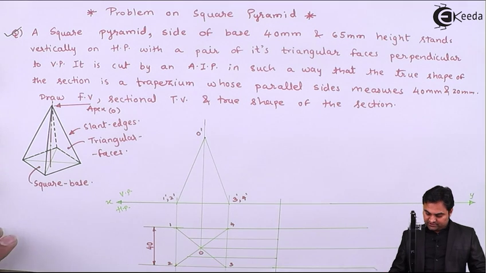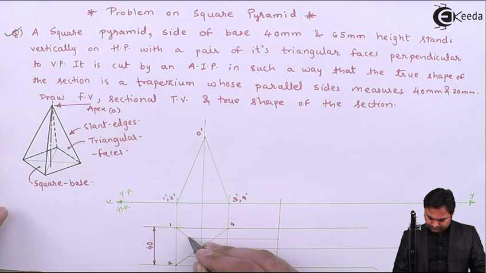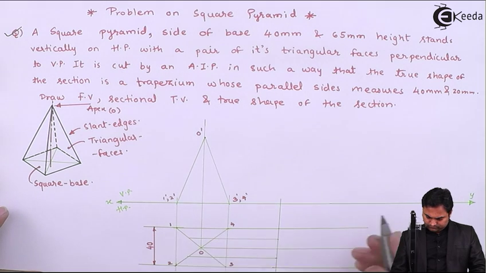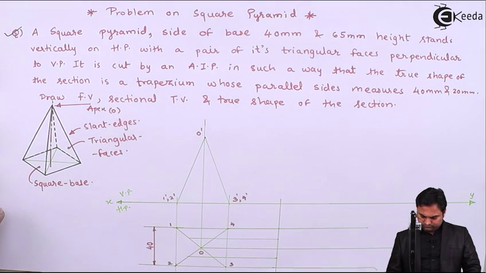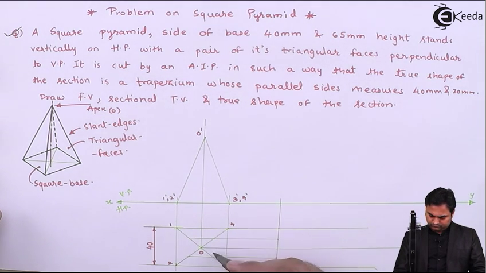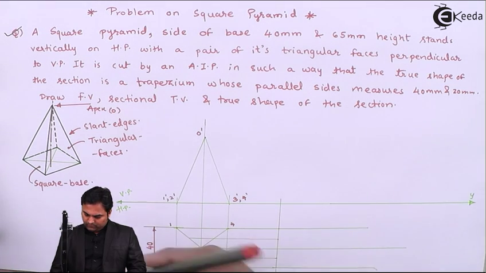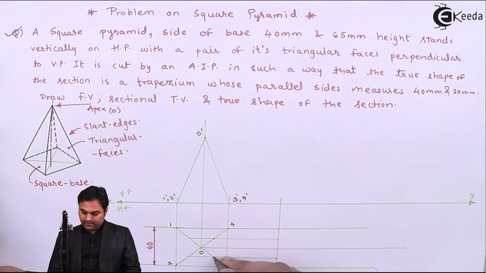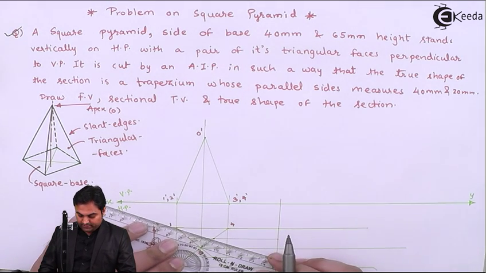So this is the 20 mm side, and for that, where this horizontal line is cutting point, you can say edge O2 4 and O3, I'll mark those 2 points and join them with 1 and 2 respectively.